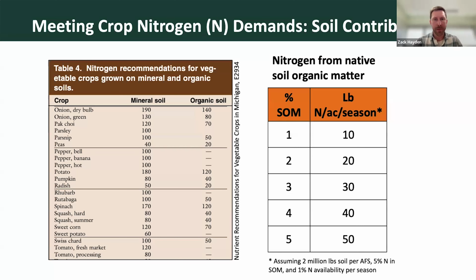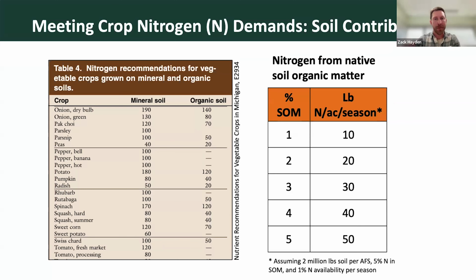Now, the next question is, especially in organic systems where maybe we've been building organic matter over time, how much nitrogen can we expect from that native soil organic matter? So things that have been applied in the past and built up over time. This is a conservative estimate here, and estimates range from between 10 pounds of nitrogen per acre per season all the way up to 40 pounds of nitrogen per acre per season per percentage of soil organic matter you have in your soil.